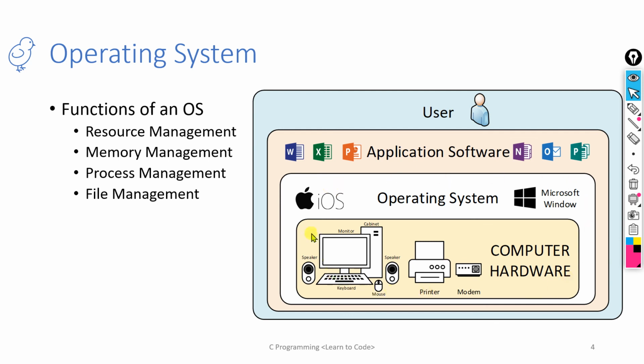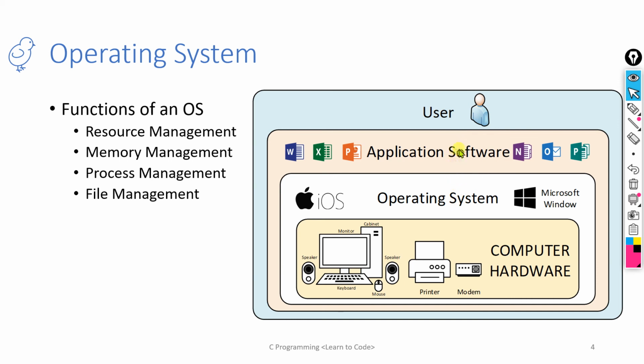Upon this operating system, you install application software, like I have mentioned here: Word, Excel, PowerPoint, OneNote, Outlook, and so on. There is several application software you install, and above it the user stands here. So the user will interact with the computer hardware through these layers.